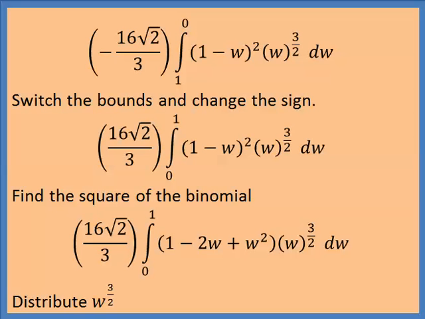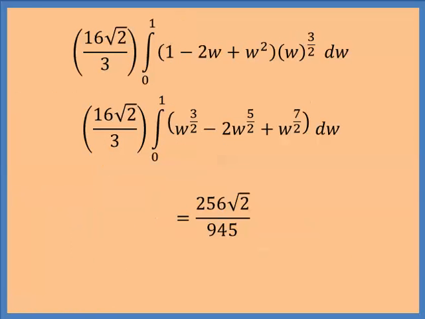And switching the bounds ends up being a good thing anyway. Next, I find the square of the binomial and then distribute the w to the 3/2. And when I distribute w to the 3/2, this is what I get.